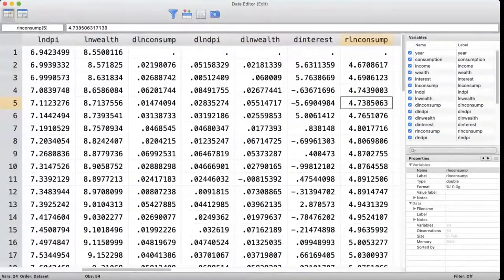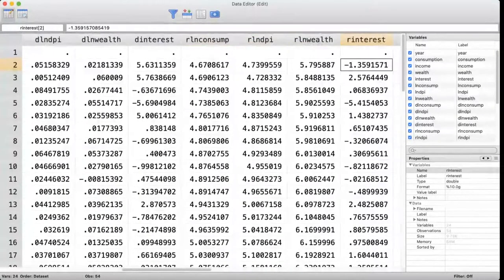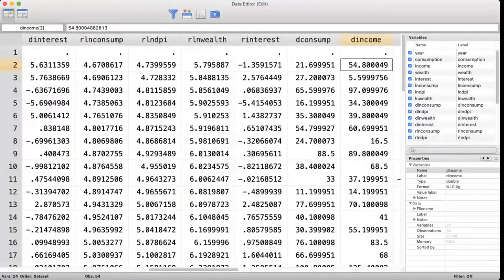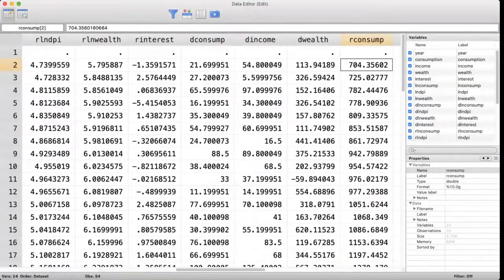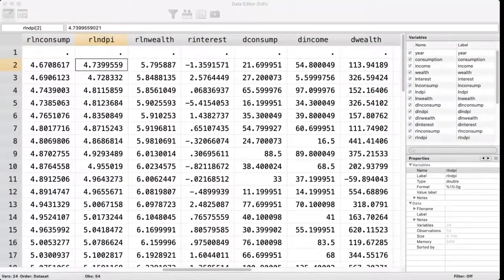After obtaining R, I have multiplied R with ln consumption, ln DPI and ln wealth, and then done the subtraction again from the original value. This is how we remove the autocorrelation present in our model.